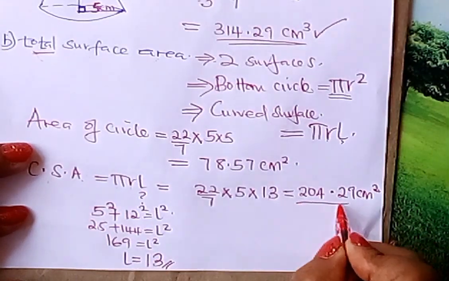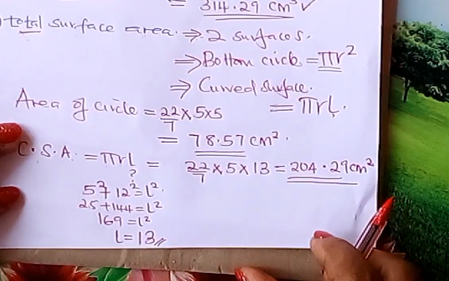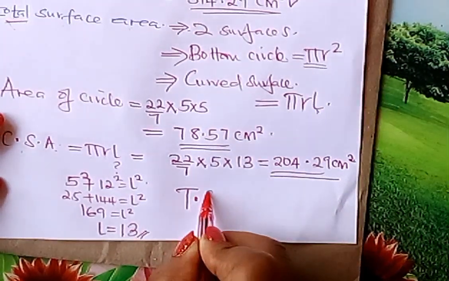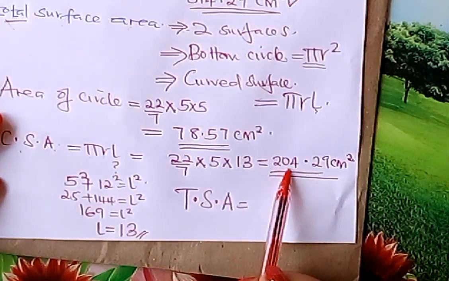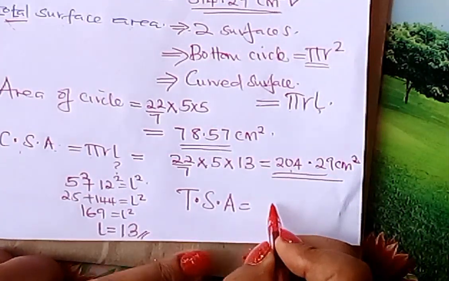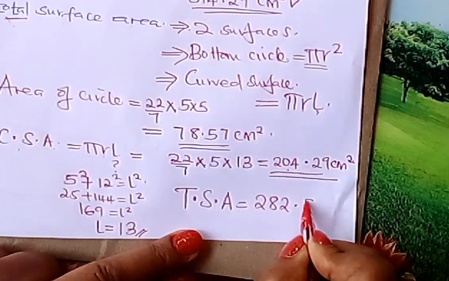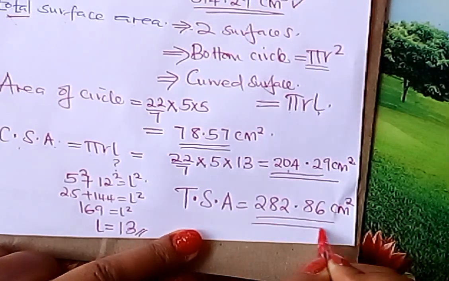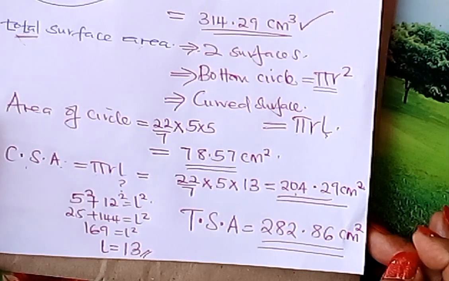So we have the area of the curved surface, and we have the area of the bottom circle. You add the two to get the total surface area. You should get 282.86 centimeters squared. That is the total surface area of our cone.